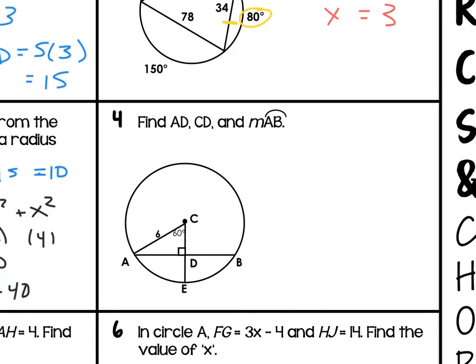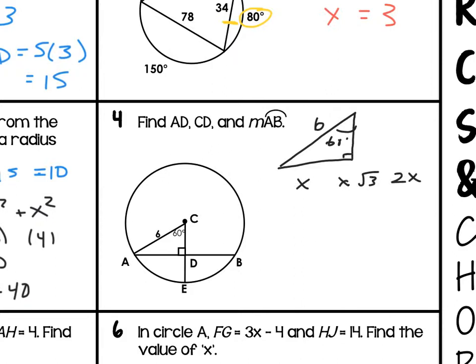Alright, this one is going to require me to do a little bit more work. Because what do we have right here? We have a 30, 60, 90 triangle. 6. Okay, so in my table, we have x, x root 3, 2x.